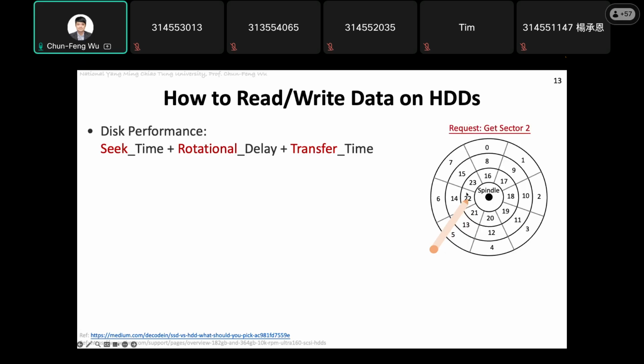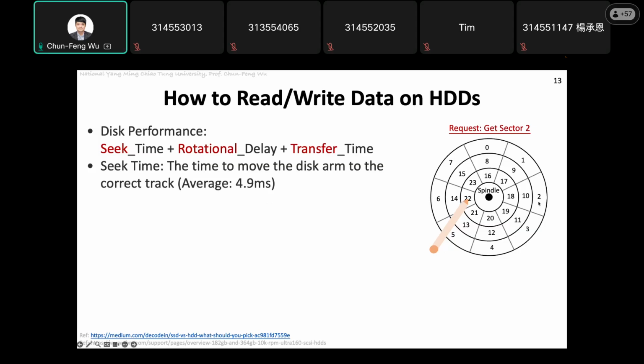Now if the read-write head points to sector 22, and the head is going to move to sector 2, it will look like this. First of all, there is the seek time, which is the time to move the disk arm to the correct track. Obviously the arm is now on this track, and we are going to move to the third track, the outermost track, where sector 2 is.